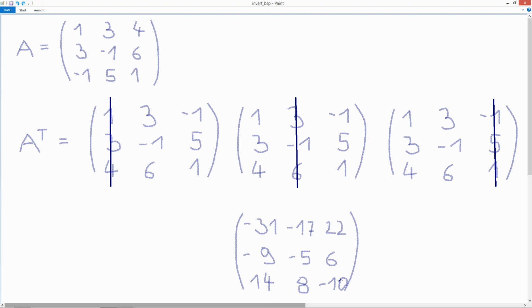The next step is to calculate the scalar product of the first column of this matrix here. This is the first column, with the first column of that matrix. So the first column is this here.